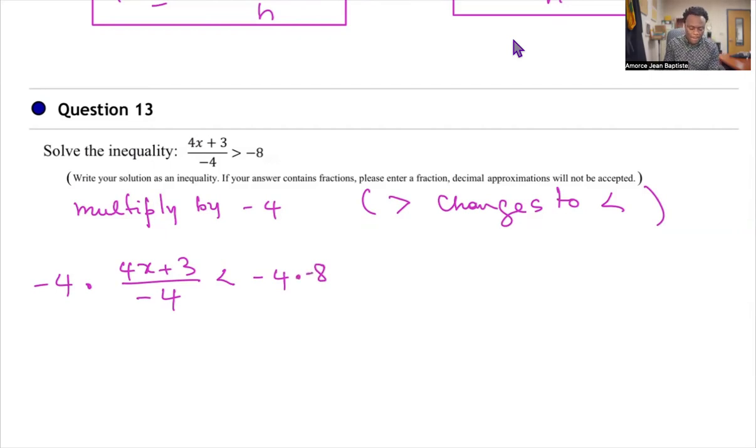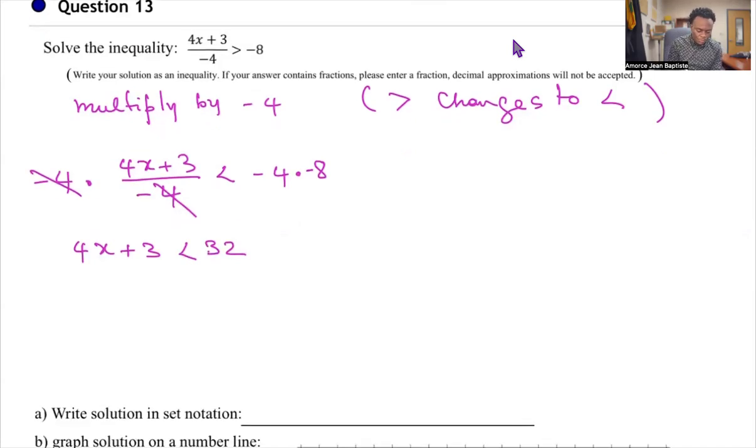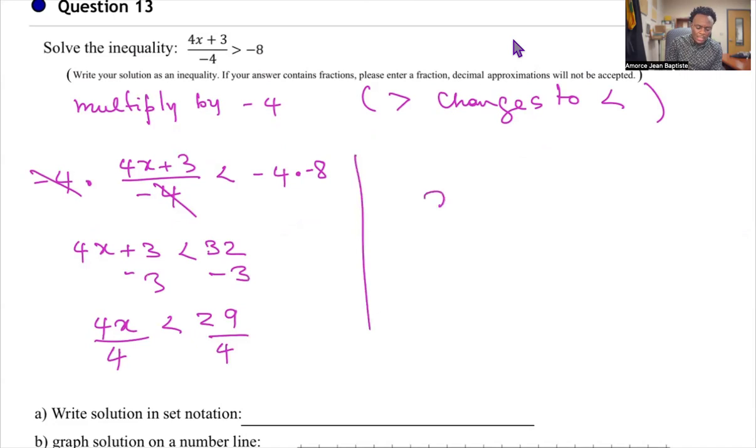So that would cancel this, and we got 4x plus 3 less than 32. We would subtract 3 on both sides. 4x less than 29. And then we divide by 4. We get x less than 29 over 4.